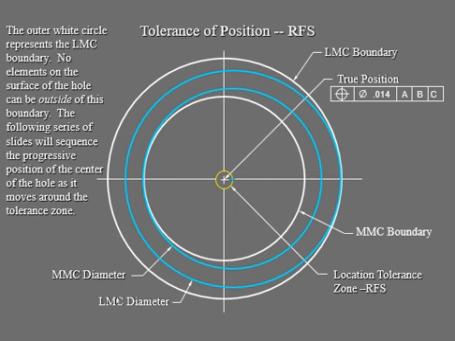You can see that it's within the MMC and LMC boundaries, not going to hurt the true position, which is your RFS, this little one right there. Of course, this is an exaggerated diagram, so you can see the hole is so far away, but not actually in the physical part. Of course, this is very, very close to your true position, which is this one here.